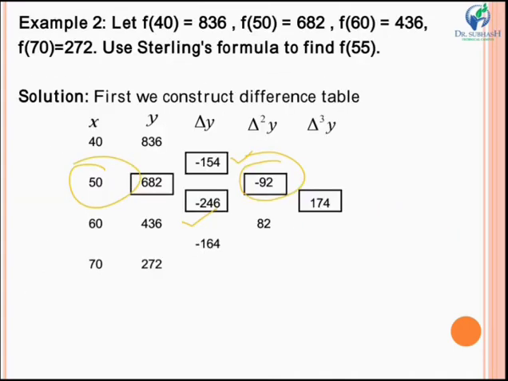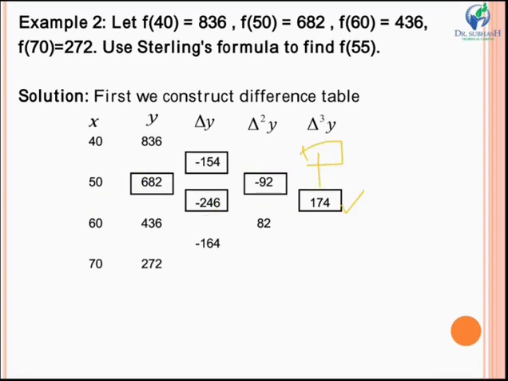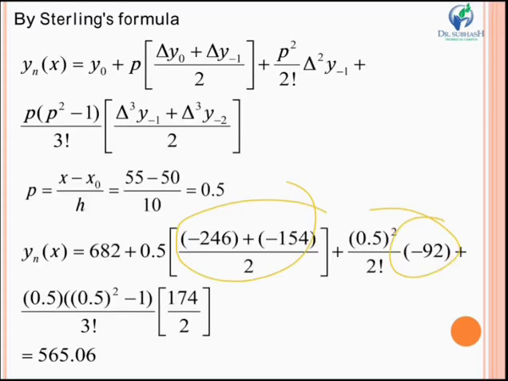Again I have to take the average. See, now here I only have 174. There is no term over here, so I will consider this as 0. So I will just take 174 plus 0 by 2. Again on simplifying this using a simple or scientific calculator, you get your answer as 565.06, which is the required value of f of 55.